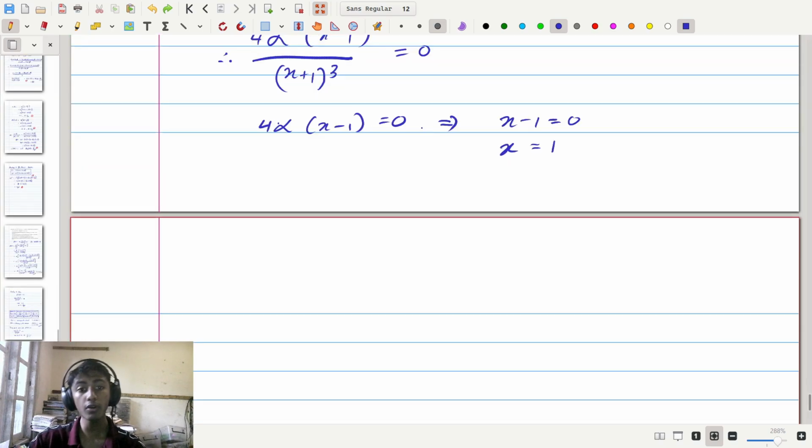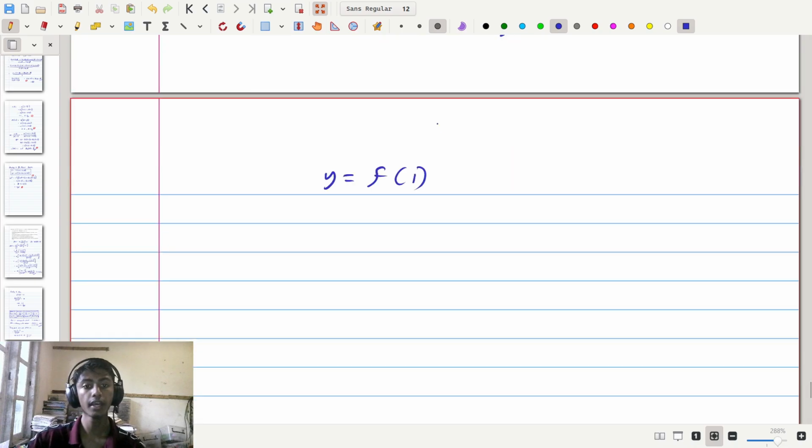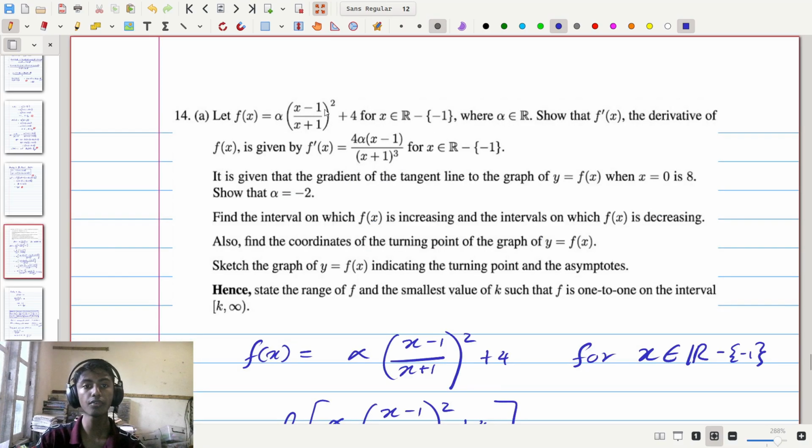Now for the y coordinate, we can do y equals f(1), and doing so we get alpha times (x minus 1), which is going to be 1 minus 1, divided by (x plus 1), which is going to be (1 plus 1), whole thing squared, plus 4, since that was the original graph of f(x). So according to that, we get alpha times 1 minus 1, which is 0, divided by 1 plus 1, which is 2, which is going to be 0 anyway.